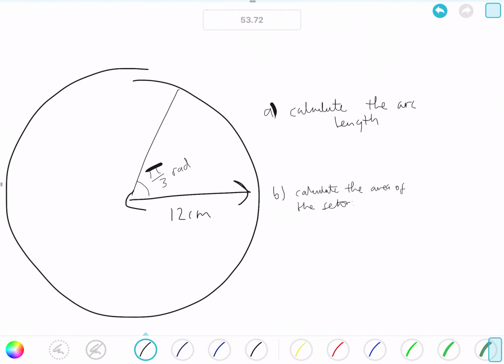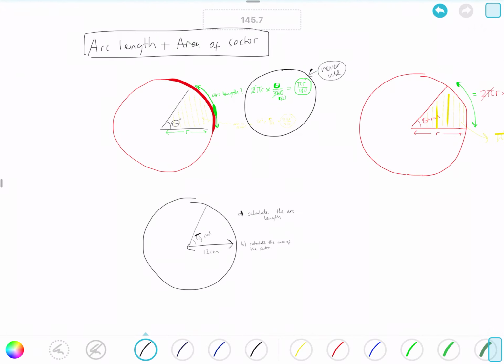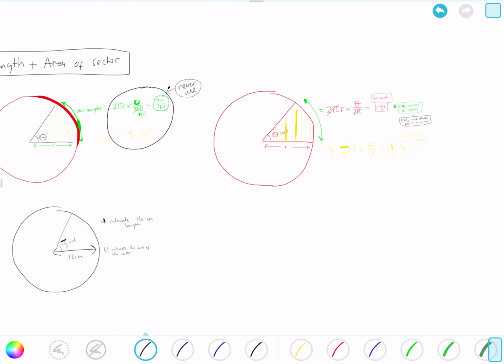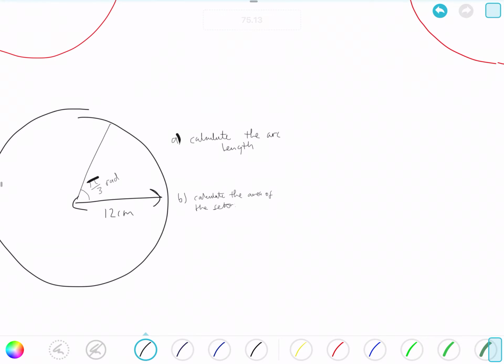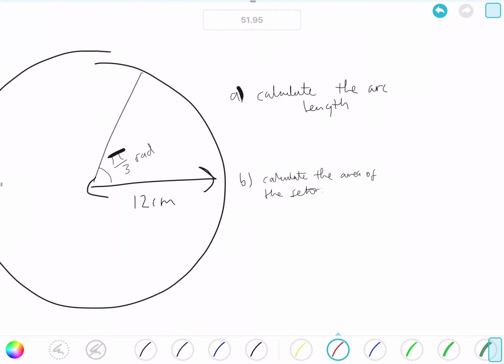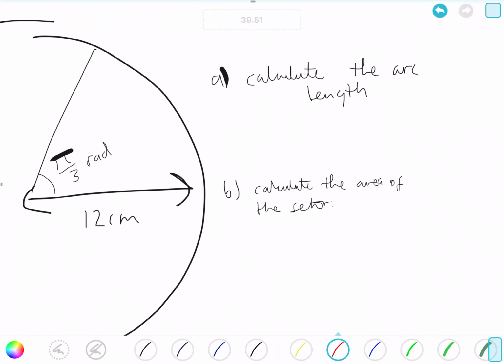So it's very simple. If we look back at the formula we worked out here, the arc length is r times theta. So we simply do radius times theta, which is the angle, pi over 3. 12 over 3 is just 4, so it's 4 pi centimeters.